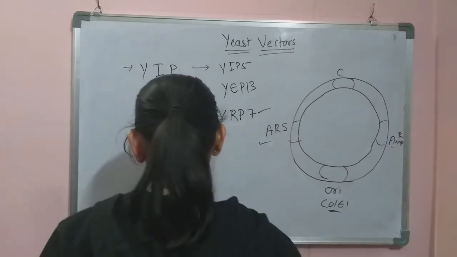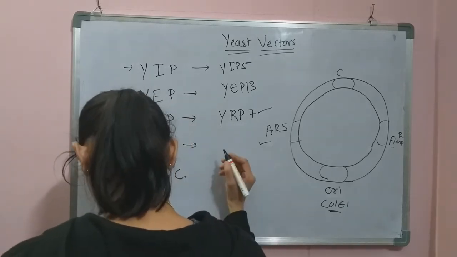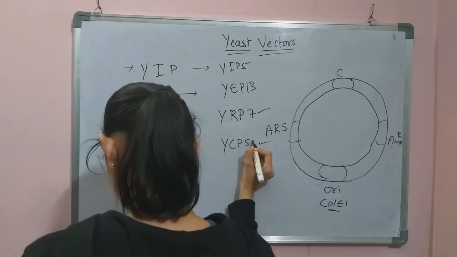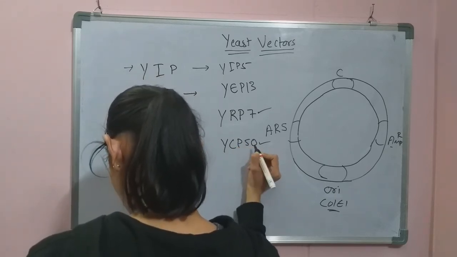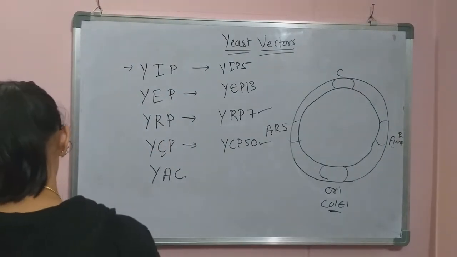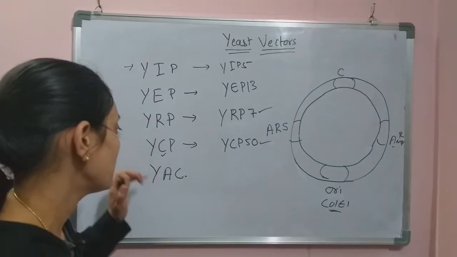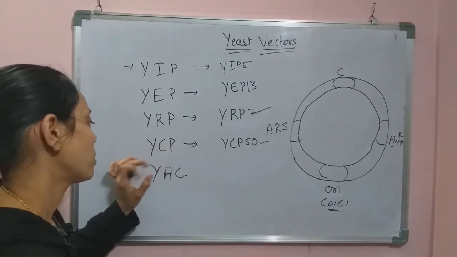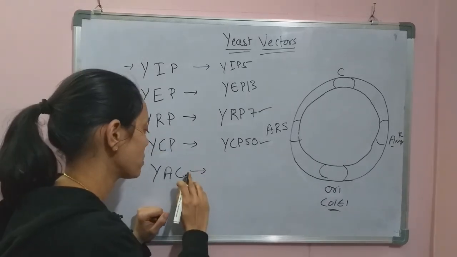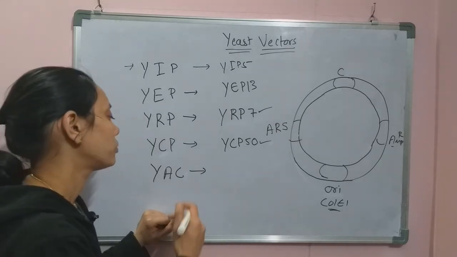One such example of a yeast centromeric plasmid is YCP50. This YCP50 is basically a yeast centromeric plasmid, but it does not have stable maintenance throughout the life cycle.